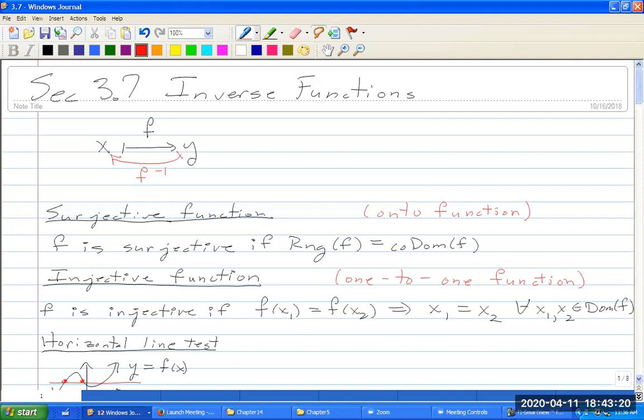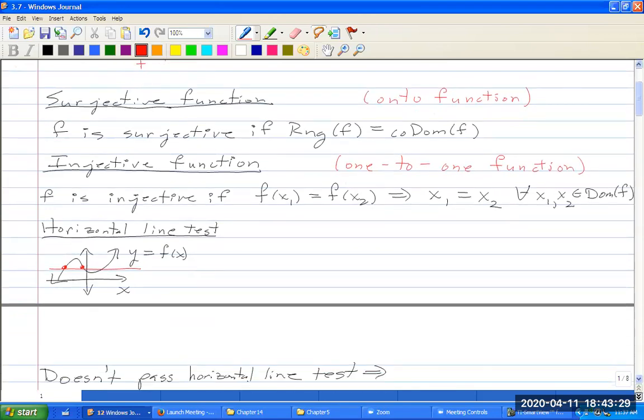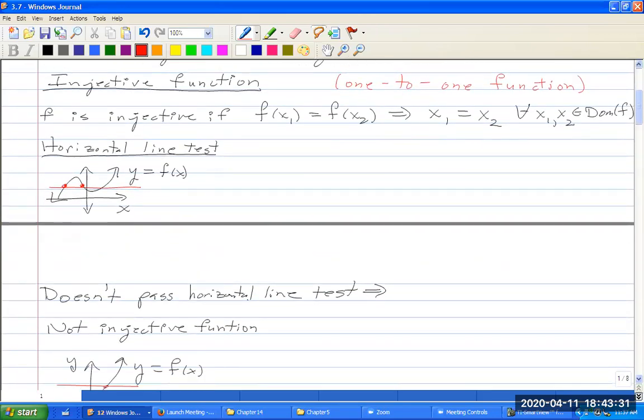If you recall, when I was telling you about functions, I gave you the vertical line test. Well, we have the corresponding horizontal line test. Suppose I have the graph of a function.